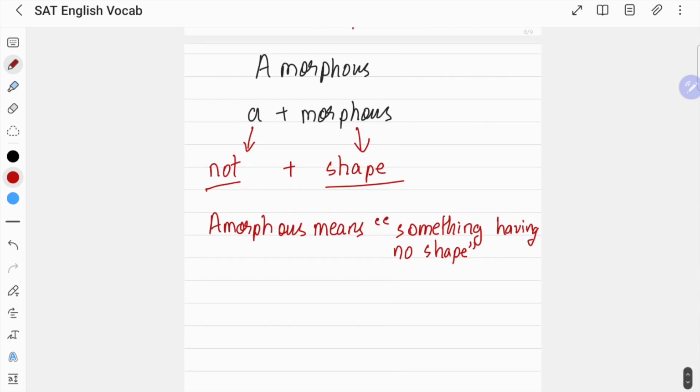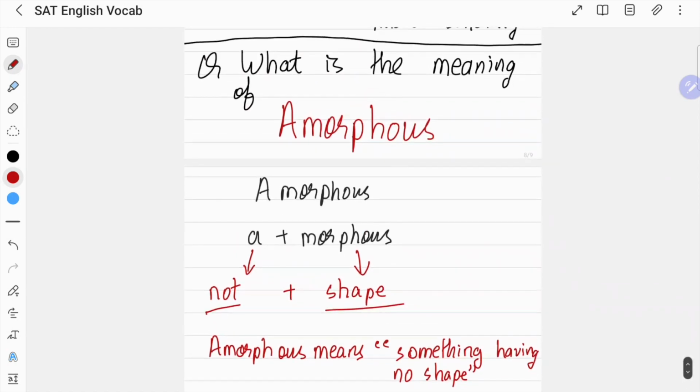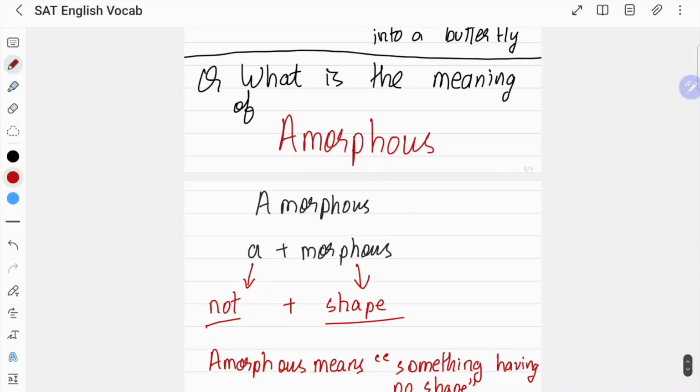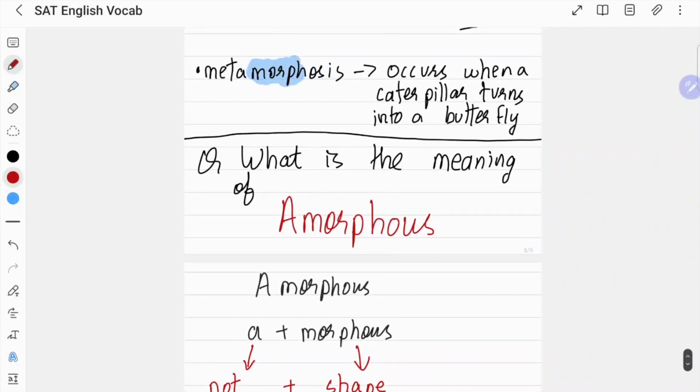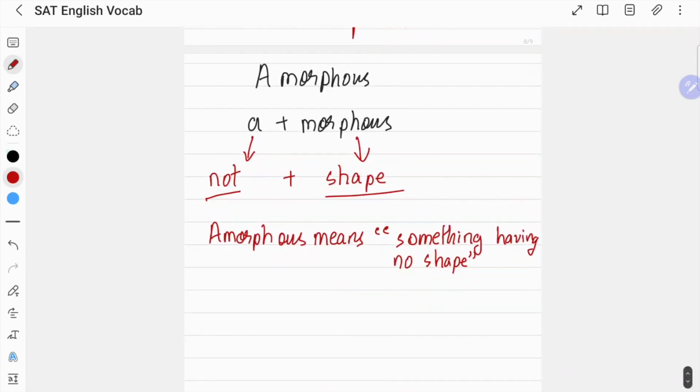And this is the correct answer, by the way. The correct answer is something which is having no shape. So a pretty easy question actually, but they use different root words to try to trick you. So we can move on to the next root words.